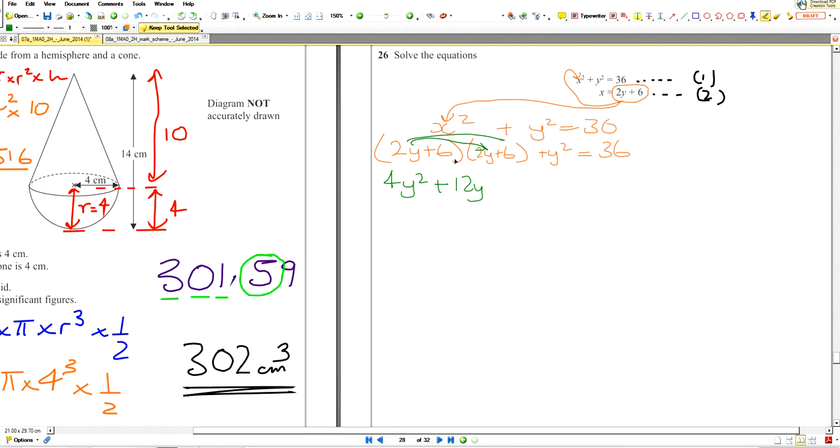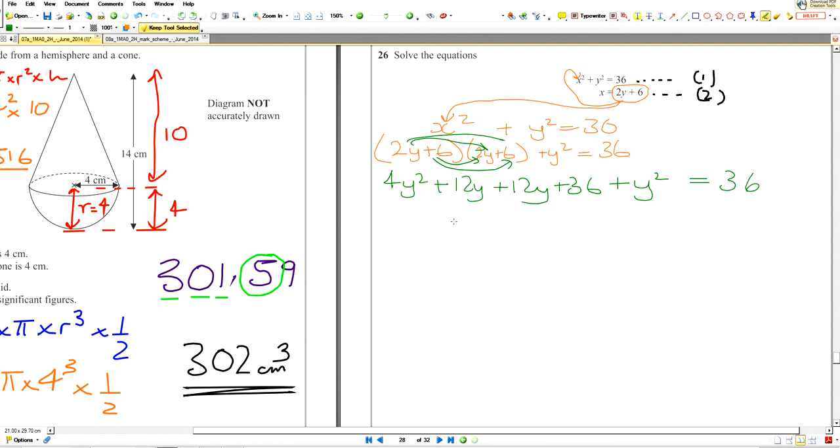And then we have plus 6 times 2y, that will give you another plus 12y. And plus 6 times plus 6 will give you plus 36. Plus the y squared that is already out here. And that will give you 36.